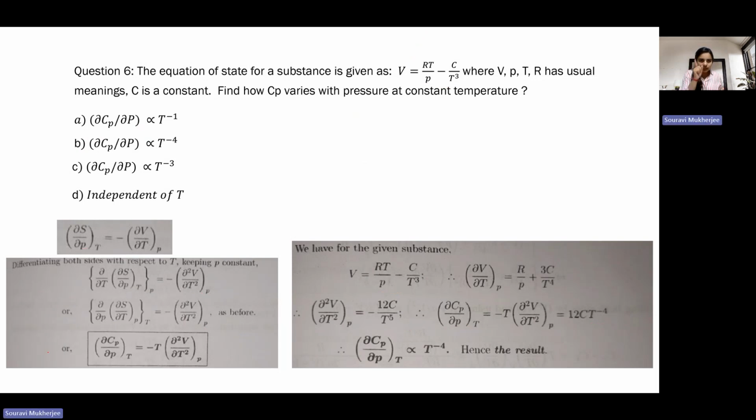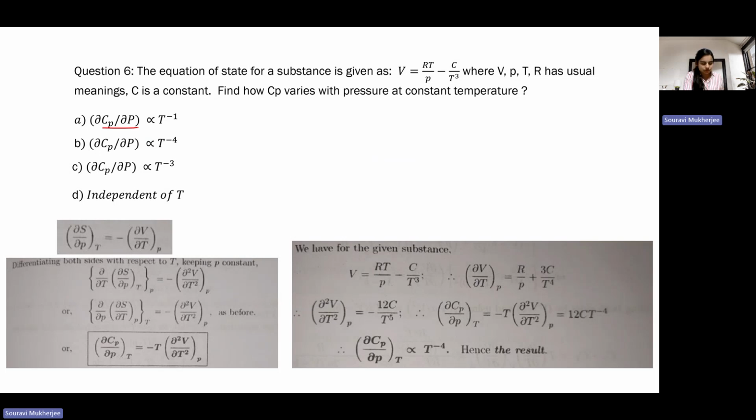So it's important how we got to this expression. First, start with what you have to find. Okay? What are the different variables with respect to which you have to do the differentiations? Okay. And what is your state function that you're working with? Then choose the correct Maxwell's equations accordingly.